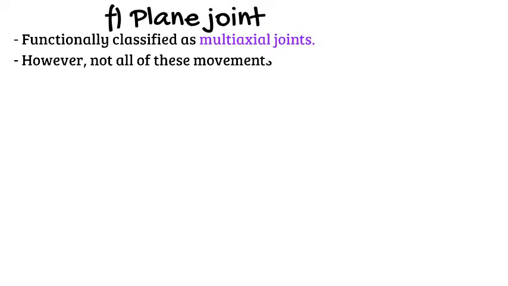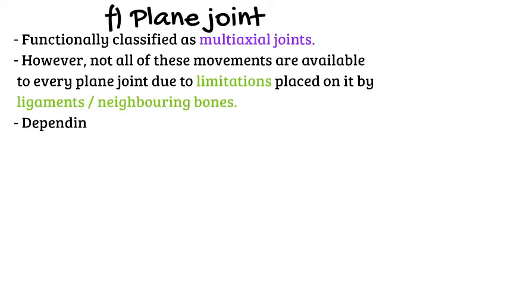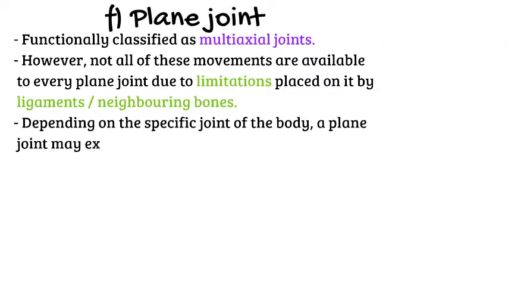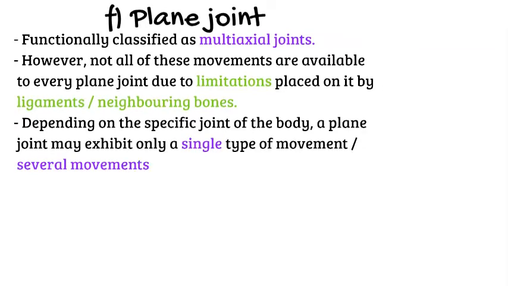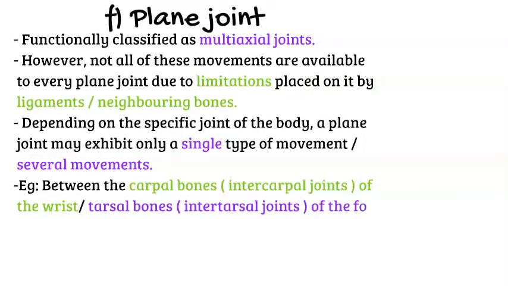Plane joints are functionally classified as multi-axial joints. However, not all of these movements are available to every plane joint due to limitations placed on it by ligaments or neighboring bones. Depending on the specific joint of the body, a plane joint may exhibit only a single type of movement or several movements.